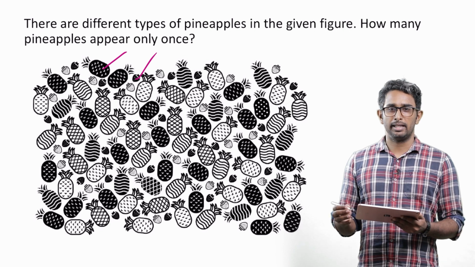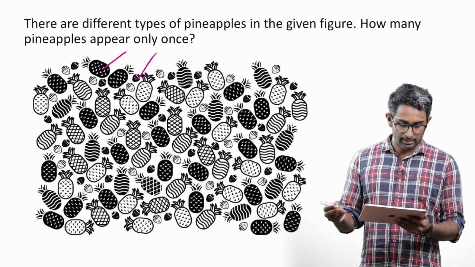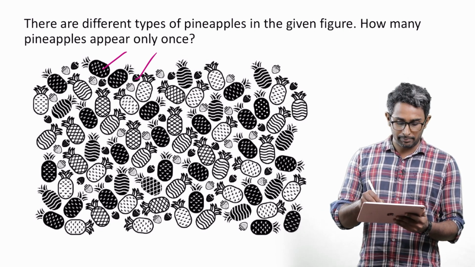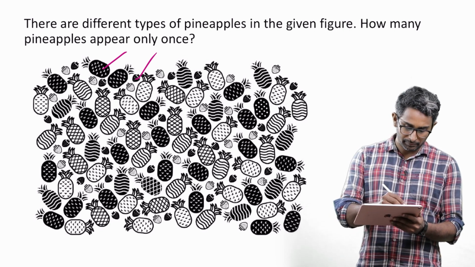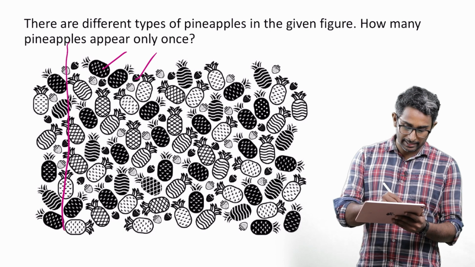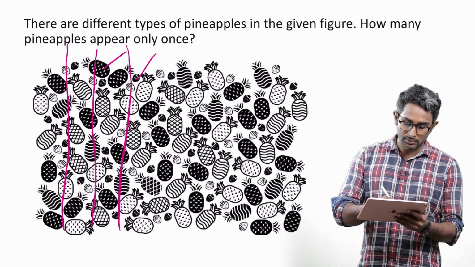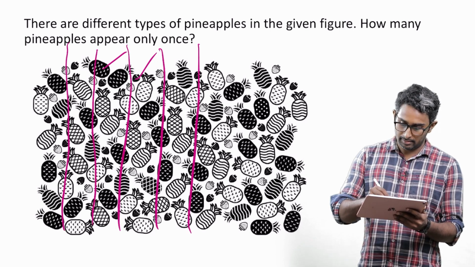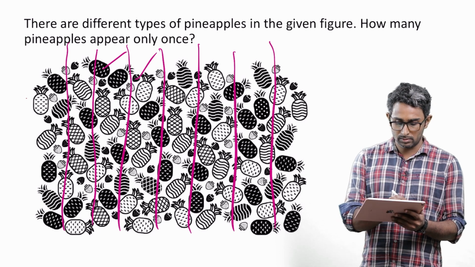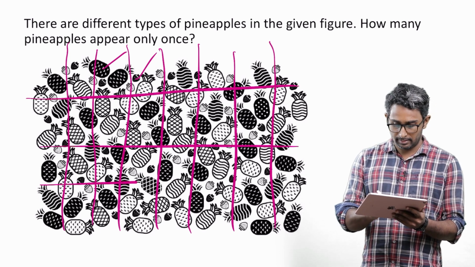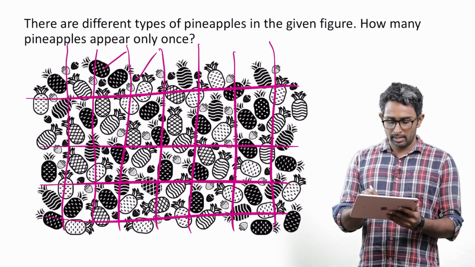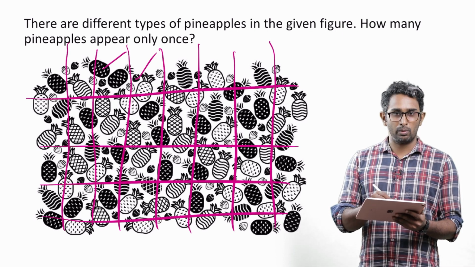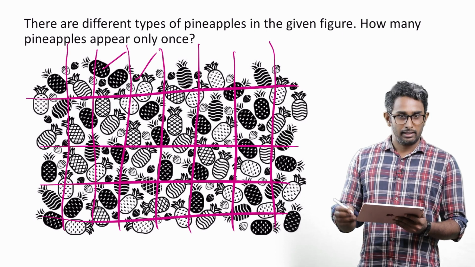Now I can suggest some techniques to solve this question, like compartmentalizing the image in a particular order, that will help you in some manner. So if I try to draw some lines like this, columns and rows, and if you observe the columns and rows, you can try to find the odd one from the given image.